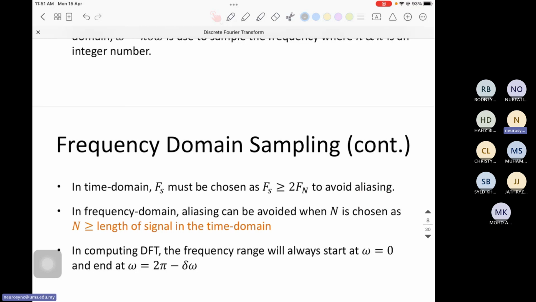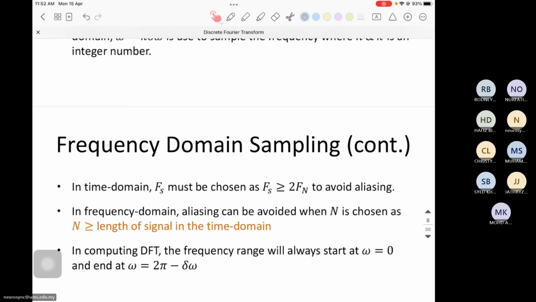In case of frequency domain, this aliasing can be avoided when n is chosen greater than or equal to the length of the signal in the time domain. So we need to choose proper n values, that means the size of this sequence or signal should be chosen properly so that we can eliminate the aliasing problem in the signal.